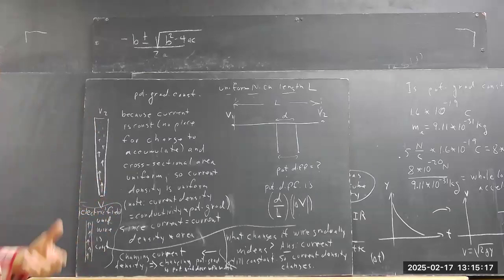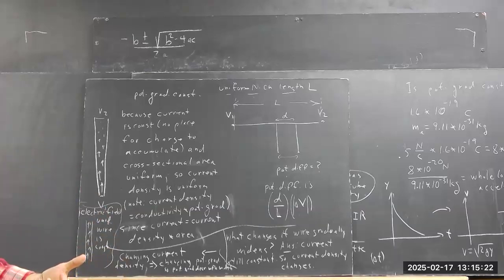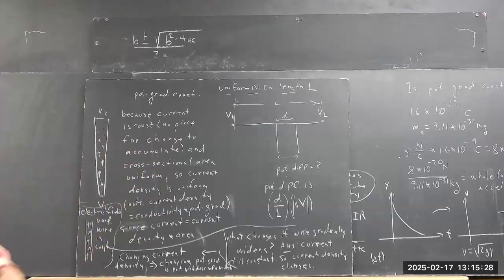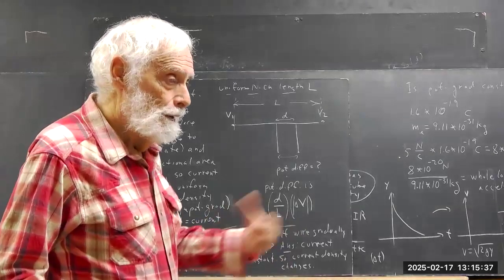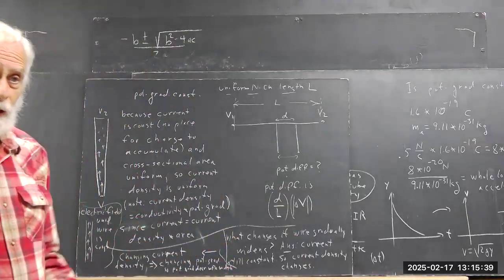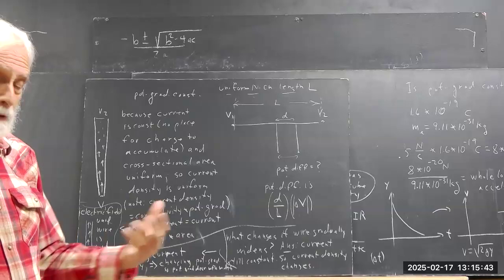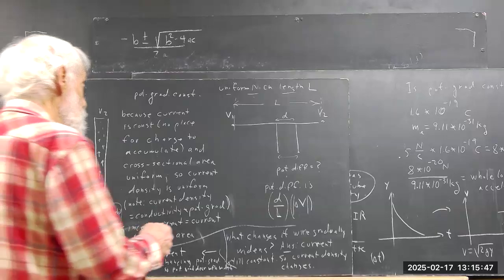Decreasing electric field due to decreasing current density. Current density being directly proportional to the potential gradient, which is the electric field. I also mentioned just inside because it came up, it's conductivity times potential gradient, and conductivity and resistivity are reciprocals of one another.